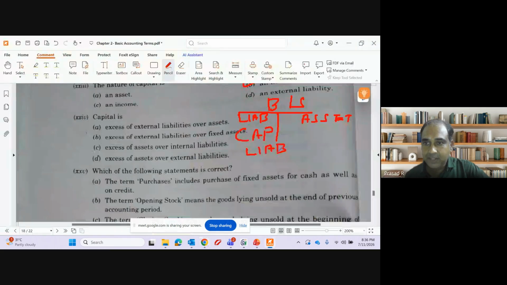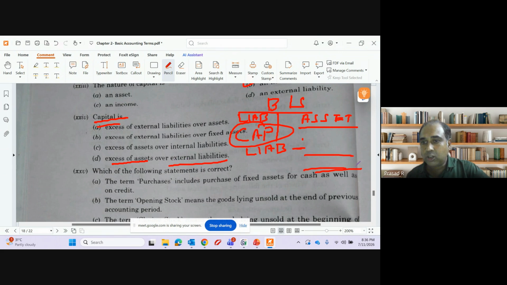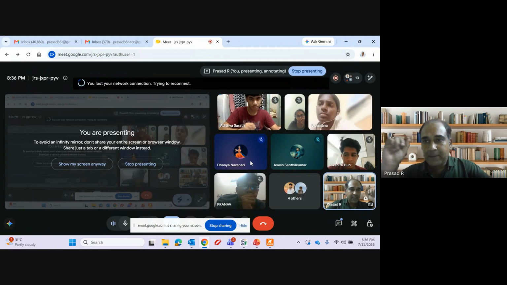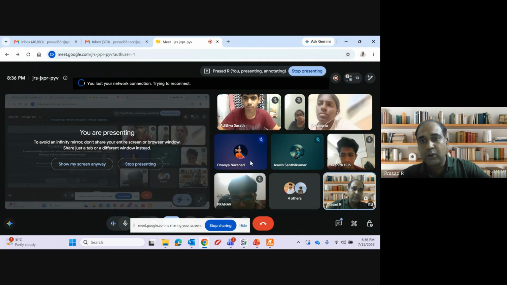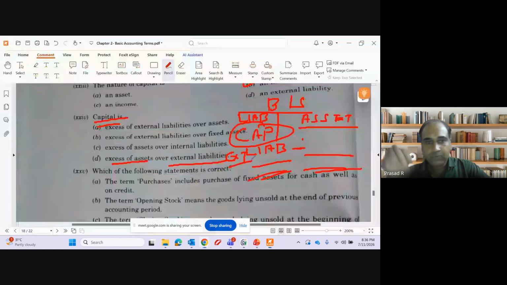My total assets minus liability will become my capital. Capital is the excess of assets over external liability. This is the total of assets, this is the total of liability. The total of assets minus external liability is capital. So assets equal liability plus capital; that is one equation we will see when we go to the accounting equation. For now, just remember capital is the excess of assets over external liability. Clear, guys?